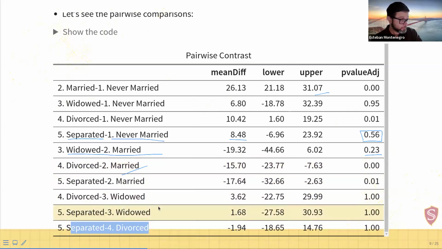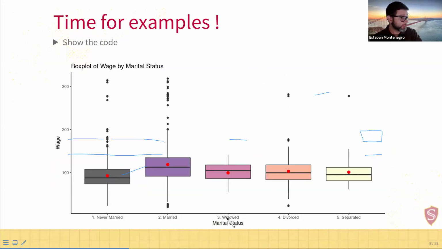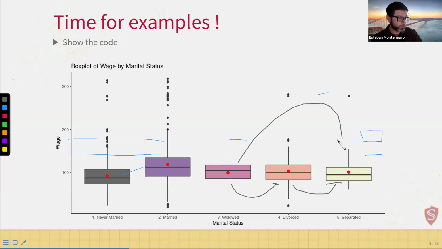And actually, that's what corresponds to the comparison of this box versus this box, and this box versus this box, right? And this box versus this box right here. So all these guys, well, they're very similar, right? And it makes sense, right? So that's why the test is telling us, you know what? There is a mean difference, but it's so tiny that it's actually explained by chance, right? And we can see it in this plot right here.